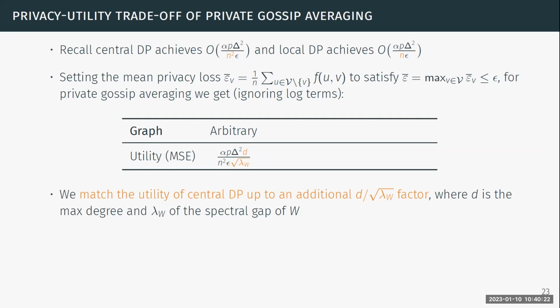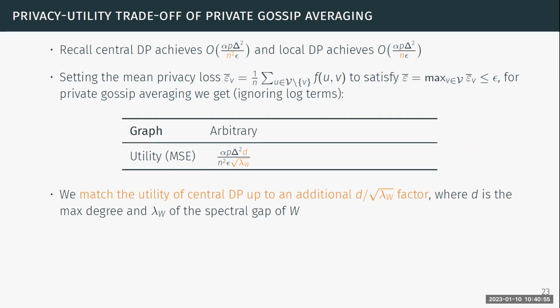So this is again the utility, directly comparable to this. This is for an arbitrary graph. This holds for any graph that you choose, as long as it is connected. We see that we get exactly the same as central DP up to a factor d over square root of lambda_W. So d is the maximum degree in the graph. This says that if there is a node that is connected to many, many nodes, it's not going to be too good, which makes sense because this node is going to absorb a lot of information directly from many other nodes.